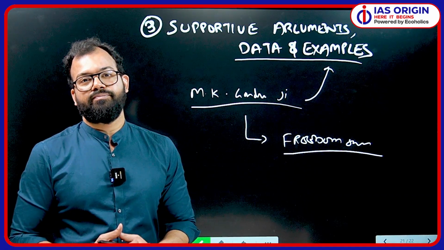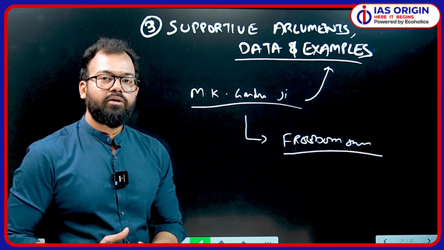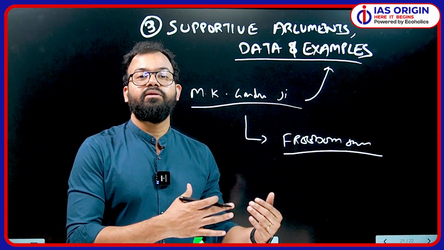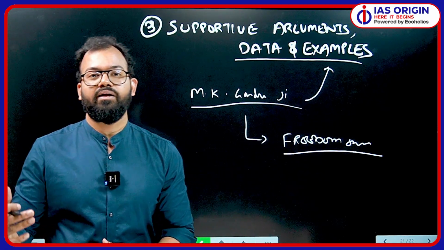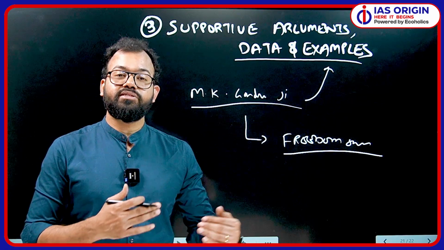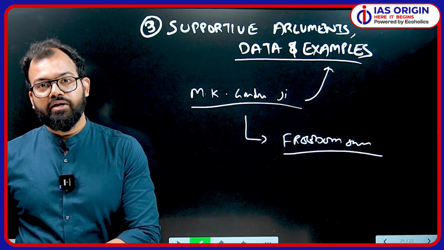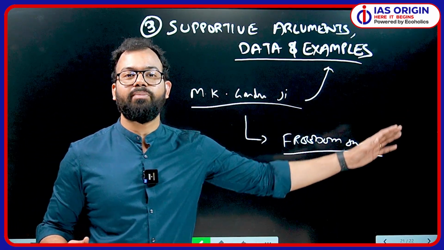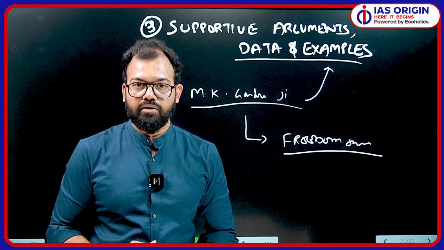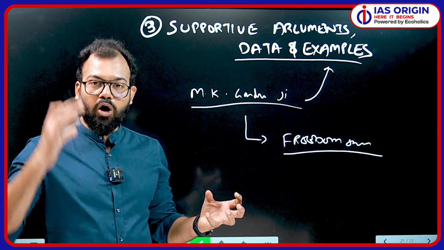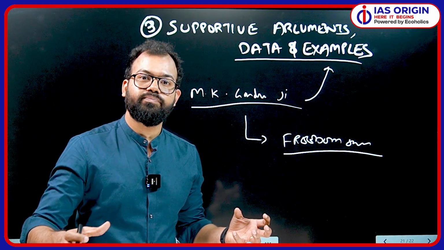But it may also be possible that the freedom struggle movement that we were doing might have been crushed by the British government. So he took that decision because non-violence was his policy.